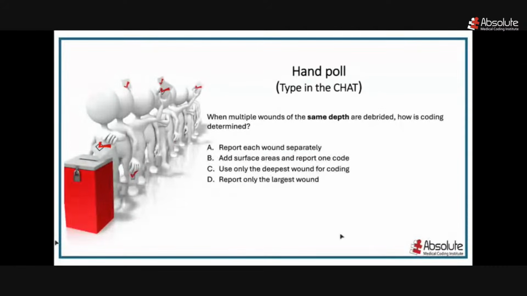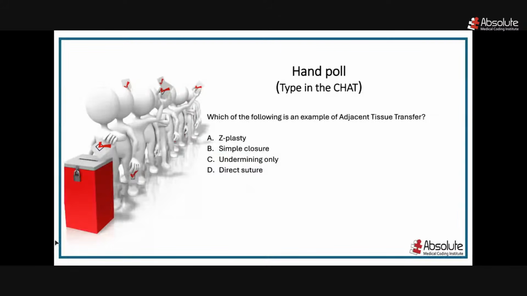Yes, everyone is back. The correct answer is going to be option B. You have to add the surface area and report one code. So good one. Good comeback, everyone. Excellent job.